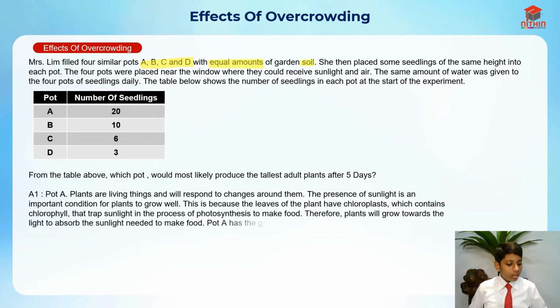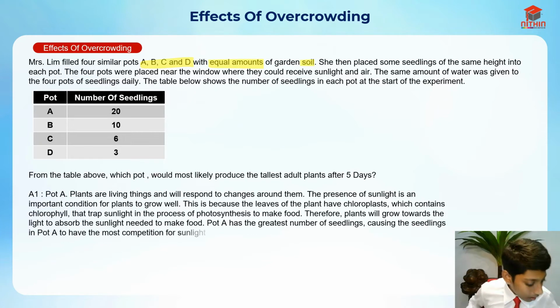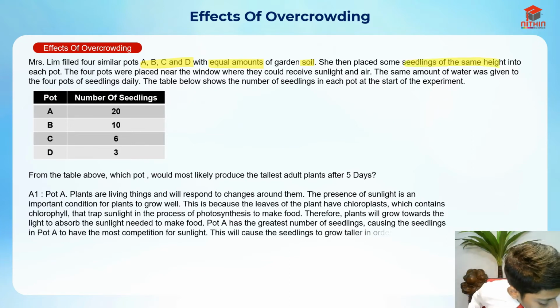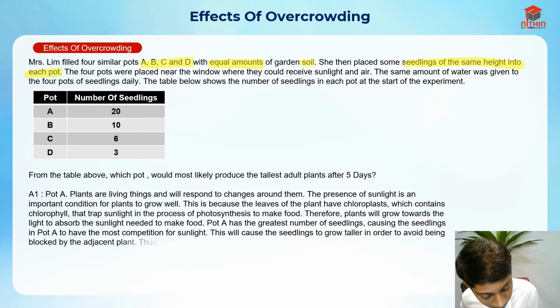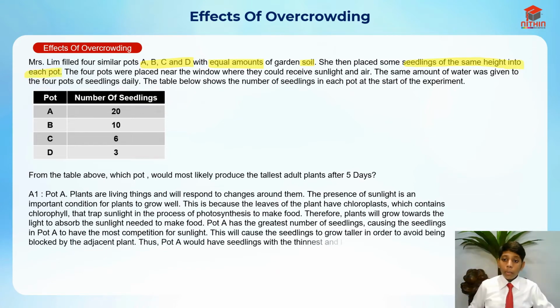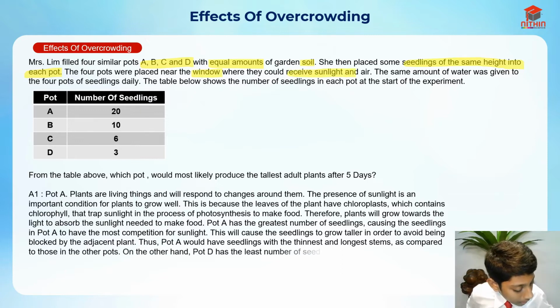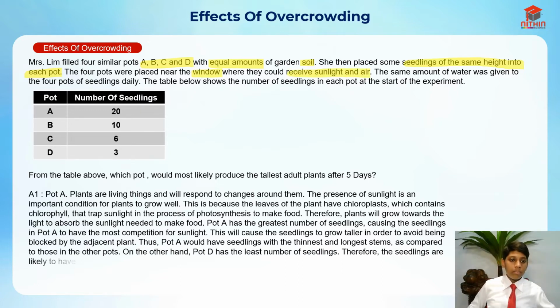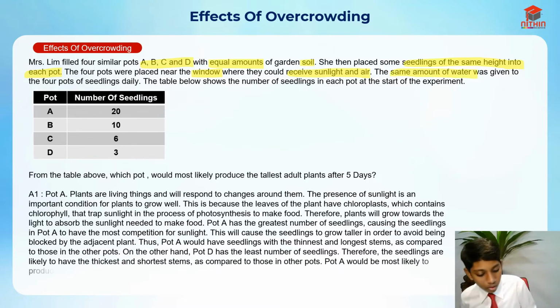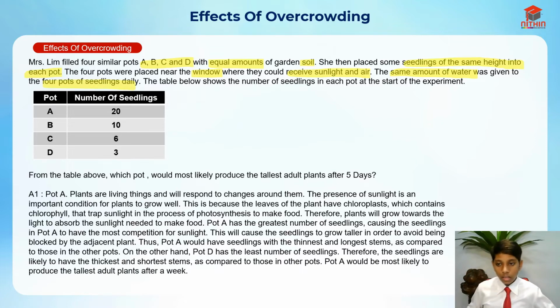Okay? She then placed some seedlings of the same height into each pot. The 4 pots were placed near the window where they could receive sunlight and air. The same amount of water was given to the 4 pots of seedlings daily. The table below shows the number of seedlings in each pot at the start of the experiment.